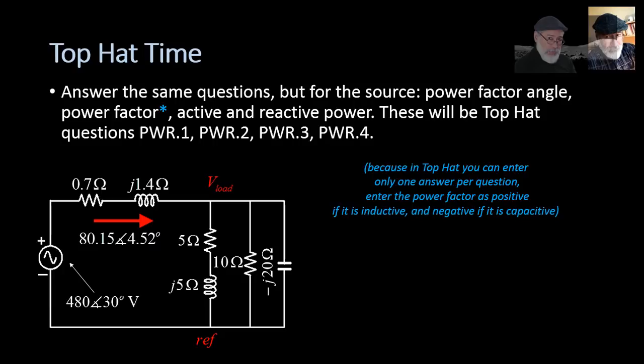You're going to enter the power factor as positive if the power factor is inductive and negative if it's capacitive. Don't use it outside of this classroom and only for this exercise. Compute the active and the reactive power at the source. These will be Top Hat questions 1, 2, 3, 4 of power.